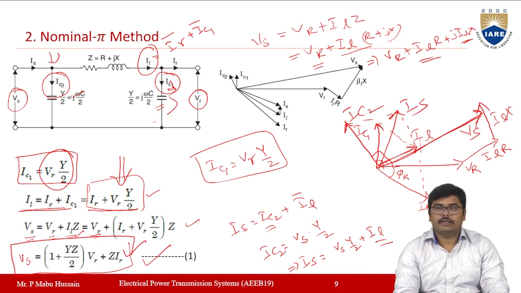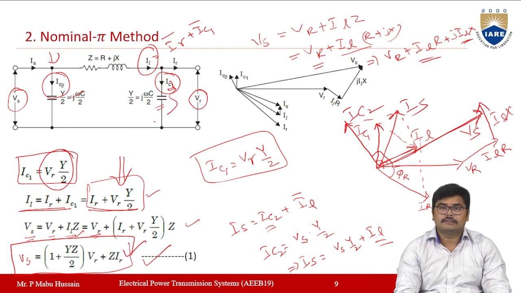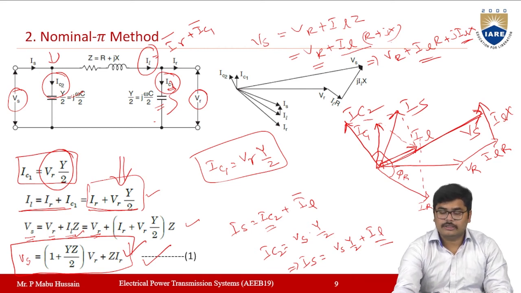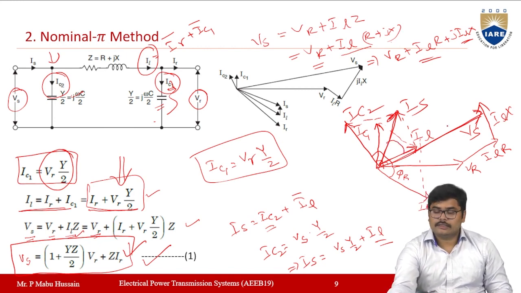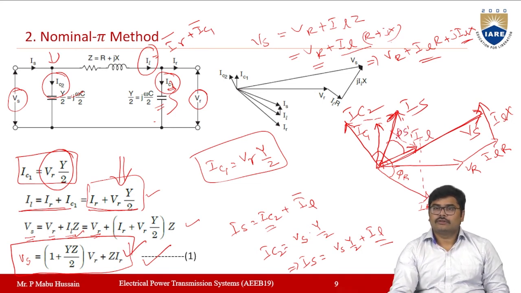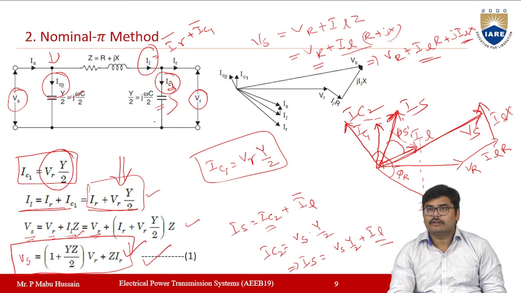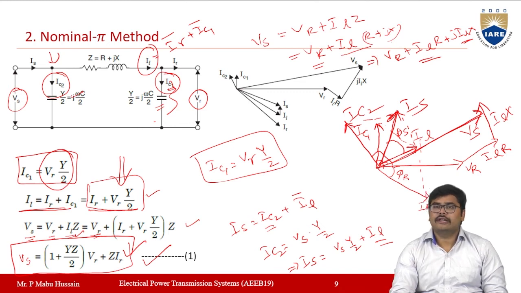So if you add IC2 and IL vectorially, you will get the sending end current Is. That Is will be this one. The angle between this Vs and Is will be phi s. Like this, you can draw the phasor diagram for medium transmission lines in terms of the nominal pi method.